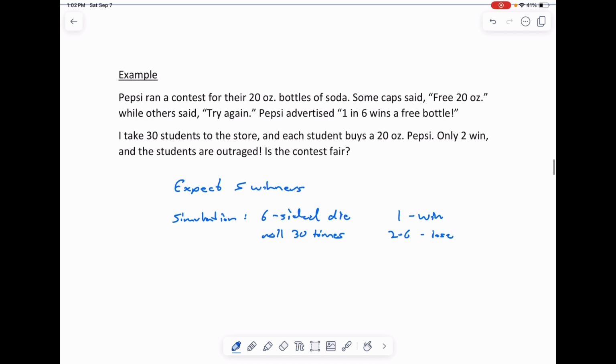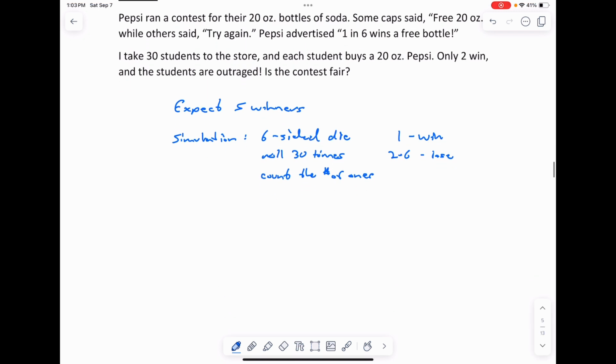So I'm going to roll that die 30 times, and then I'm going to count the number of ones. How many times out of 30 did I win? And if you think about this, I'll do this in terms of a dot plot, right?